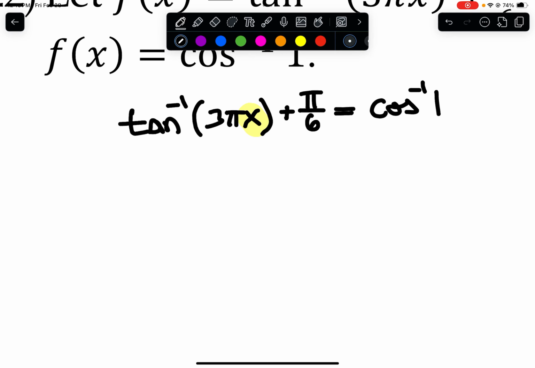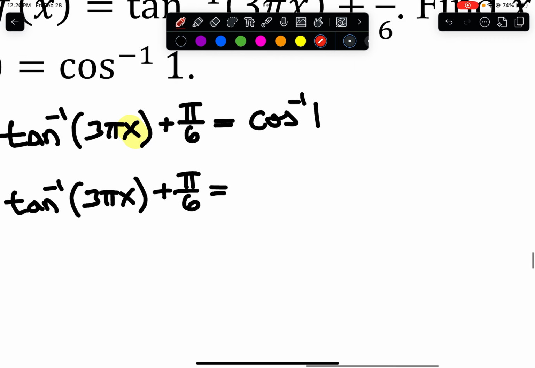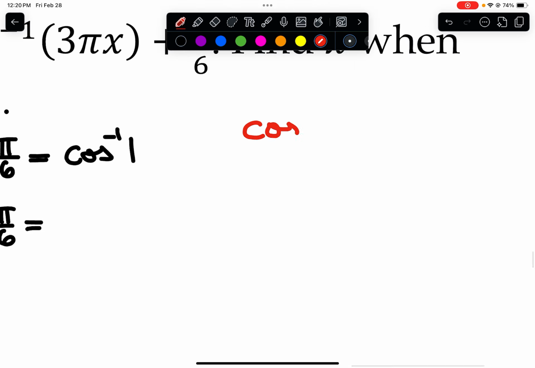So we need to evaluate the right side. So what's going to happen is we're going to have inverse tangent of 3 pi x plus pi over 6, and then inverse cosine. Now inverse cosine, as a recap, exists only in quadrant 1 where it's positive and quadrant 2 where it's negative.